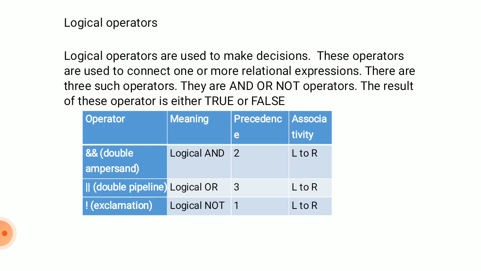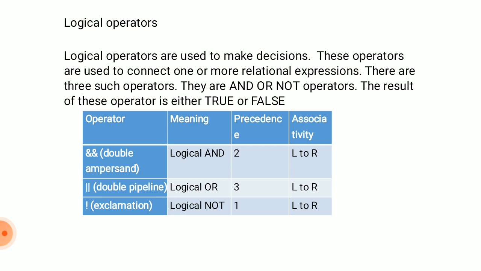As we know, the lowest number always has the highest priority: 1 is logical NOT, then 2 logical AND, then 3 logical OR. So these are the three logical operators.